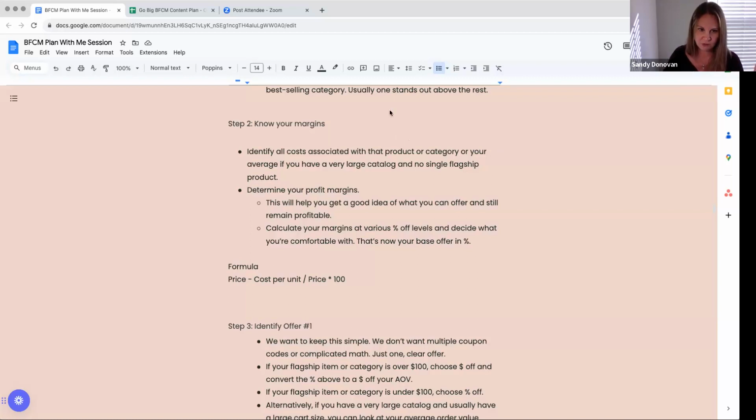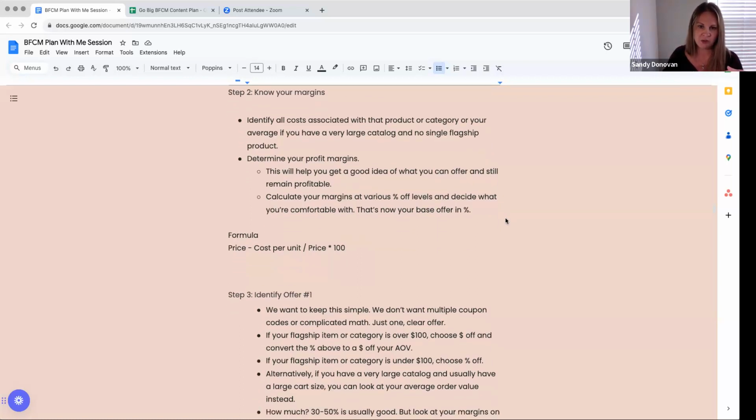So we want to know your margins. I'm not going to spend a lot of time on this because I'm assuming if you're a store owner, you probably know this already. But basically what we want to do is just figure out how much profit you get from every sale. So you want to calculate your entire cost per unit. So that's everything that goes into calculating your cost.